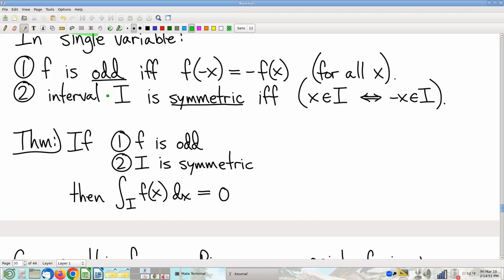Rather than having to crank it out the old-fashioned way, very often you can just make a couple of key observations about oddness and symmetry, and boom, we're done here. Integral 0 by symmetry. So it's a pretty powerful trick. I think it's on the very, very short list of most powerful computational methods for integrals.